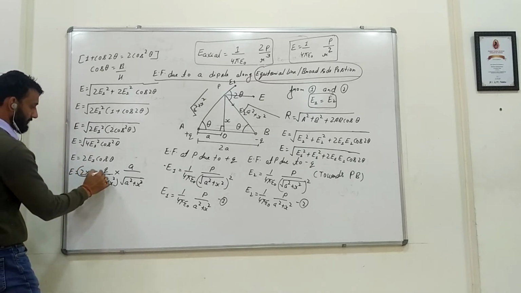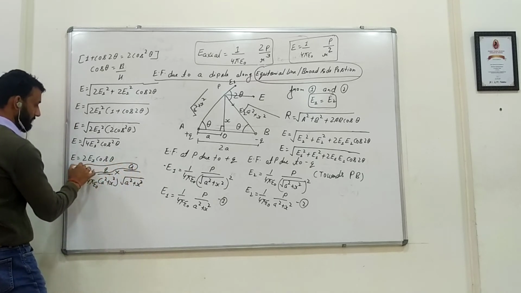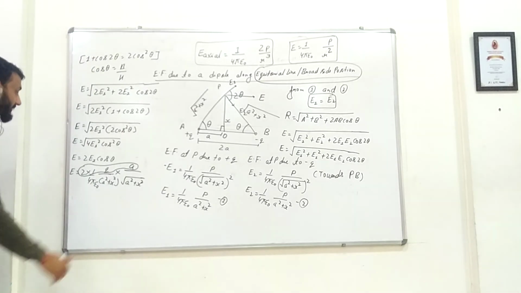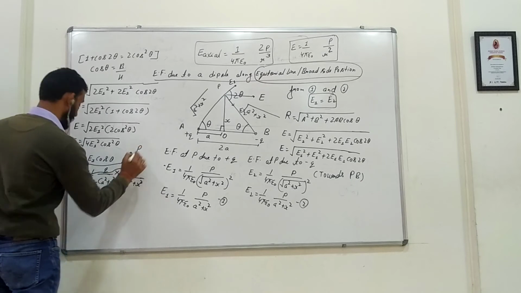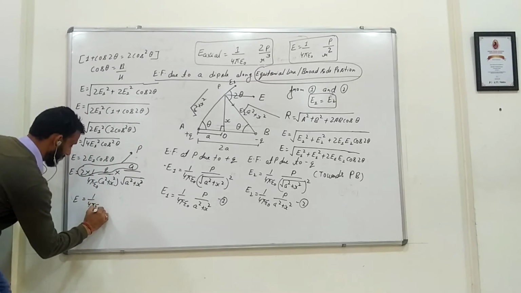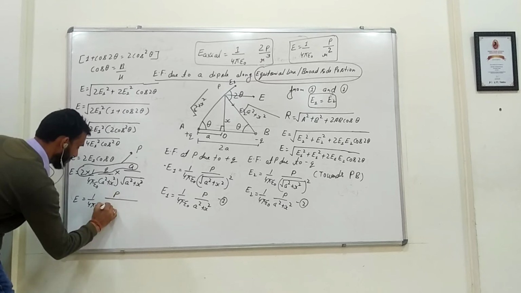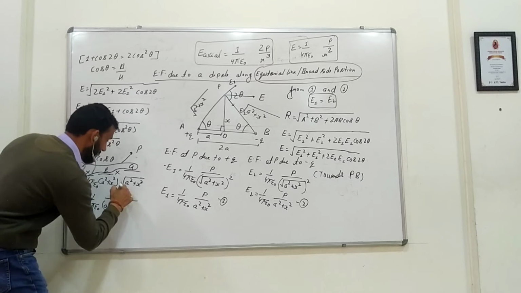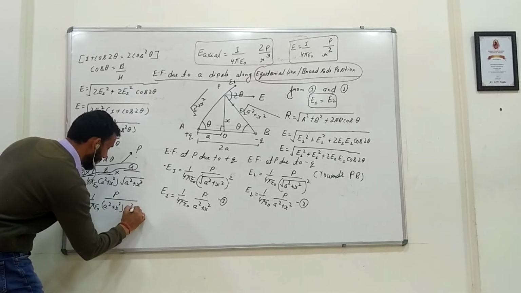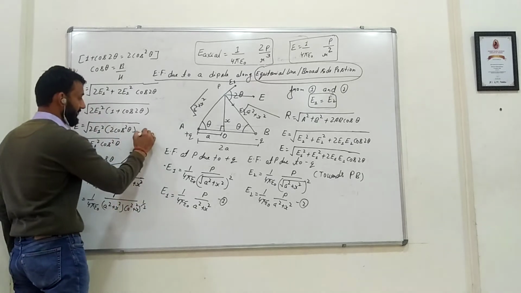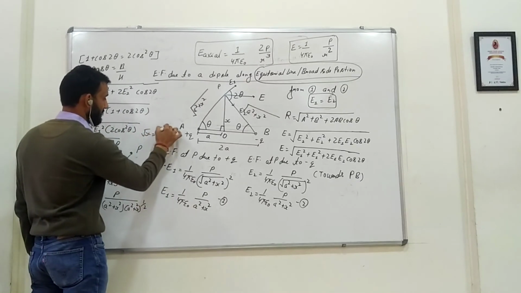Guys, what is it? 2 into q into a. This is P, electric dipole moment. 1 upon 4 pi epsilon naught P upon a square plus x square, and then I can write this as a square plus x square whole power 1 by 2 because root x can be written as x to the power half.